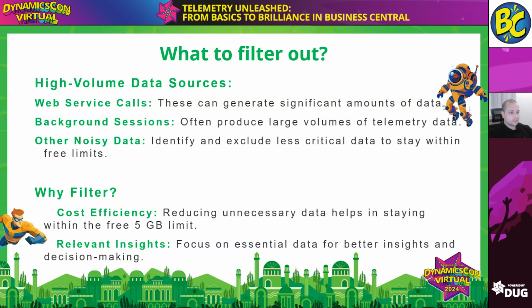Most important, filtering ensures cost efficiency by reducing unnecessary data and allows you to focus on essential information. This process leads to better insights and more informed decision making. By cutting out the noise, you ensure that your analysis is both relevant and manageable.